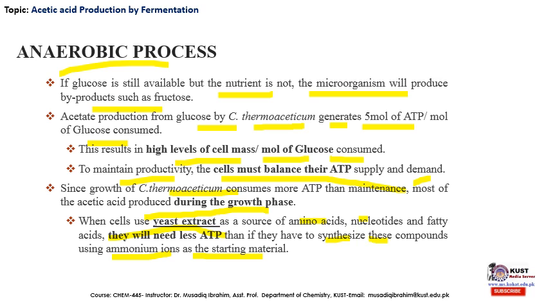So the yeast extract is a better source of nitrogenous compounds in comparison to ammonium ions being used directly.